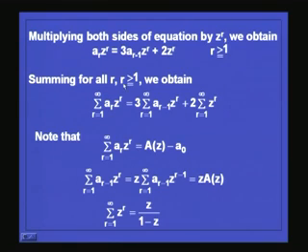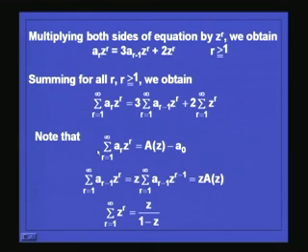Now, what is this left hand side? The generating function for a_0, a_1, a_2, a_3 and so on is a_0 + a_1 z + a_2 z^2 + a_3 z^3 and so on. So, the sum from r = 1 to infinity of a_r z^r is a_1 z + a_2 z^2 and so on.